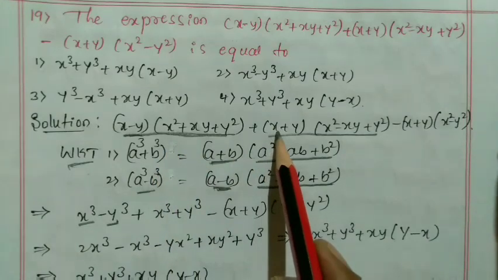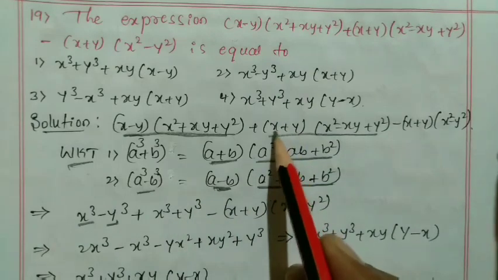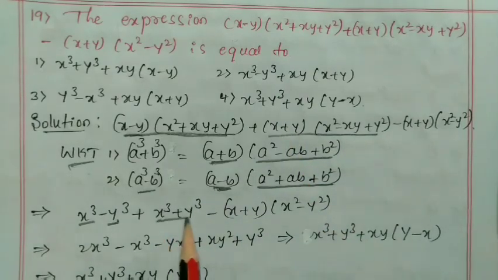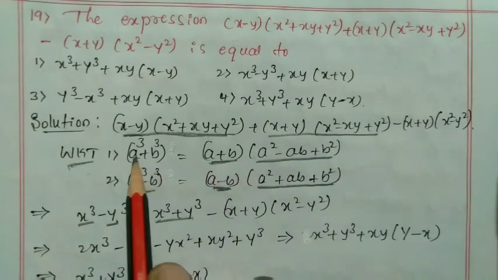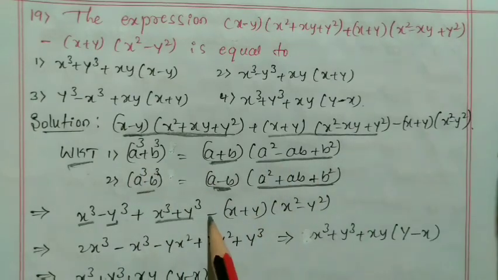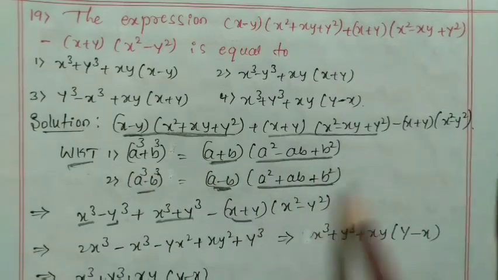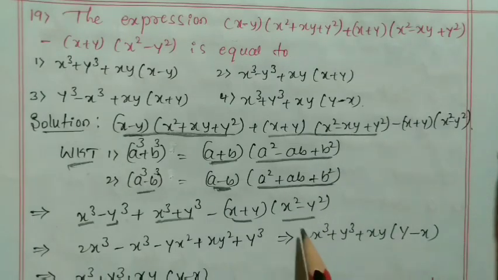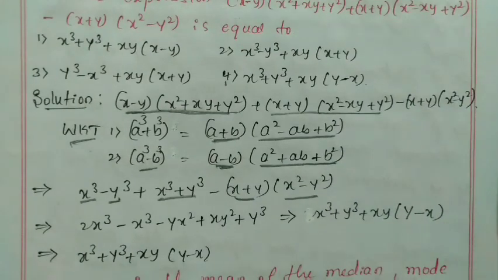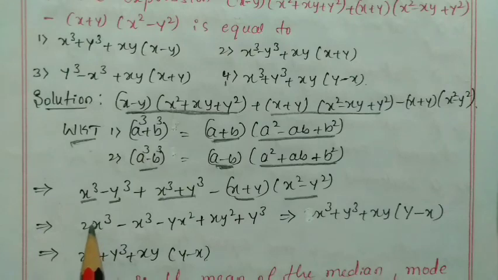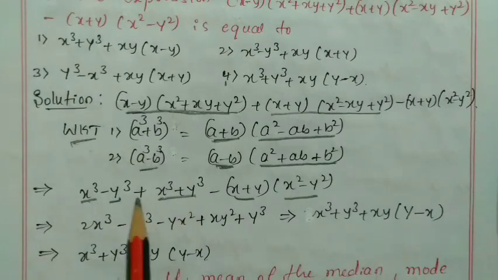Here a cube means x cube and b cube means y cube. In place of this you can write x cube plus y cube, because of this formula. Minus, you can write x plus y as it is, x square minus y square also as it is. Then you can add these two.